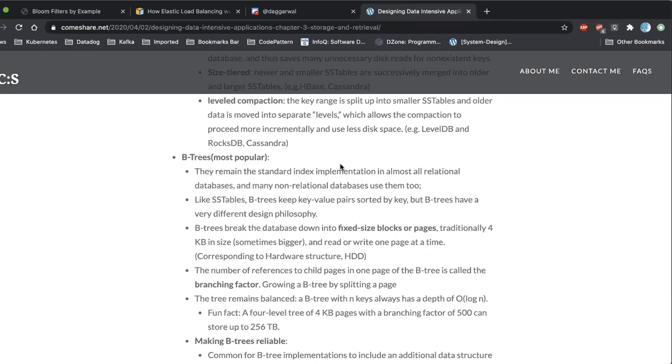L0 is the one written immediately when keys get flushed from the RAM to the disk. But L1, L2, L3 are the levels that actually hold the data keys in order. You maintain the size of each level within a fixed limit. If it exceeds a certain limit, you compact those keys and push them to the lower level.